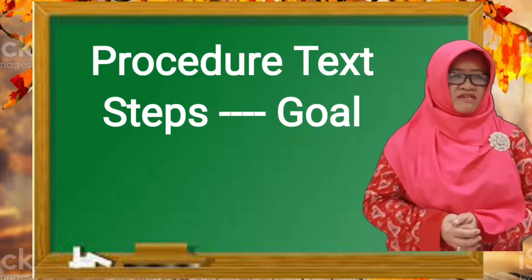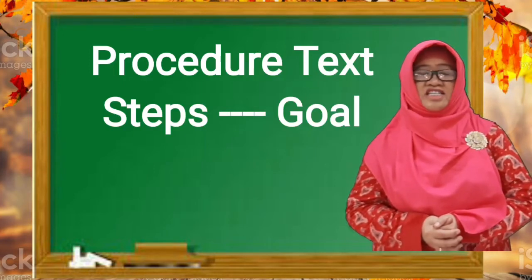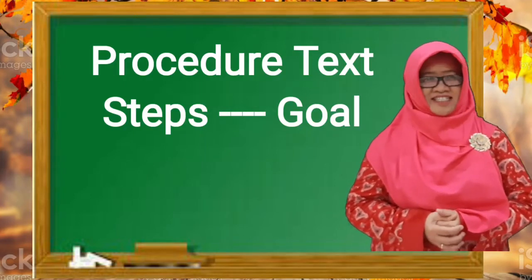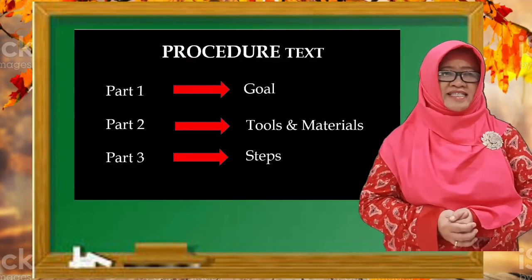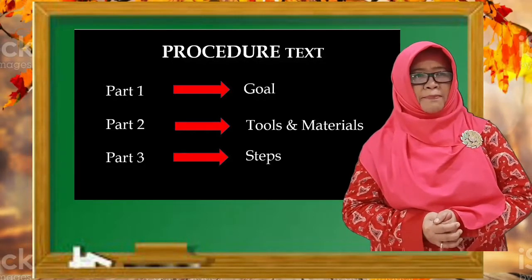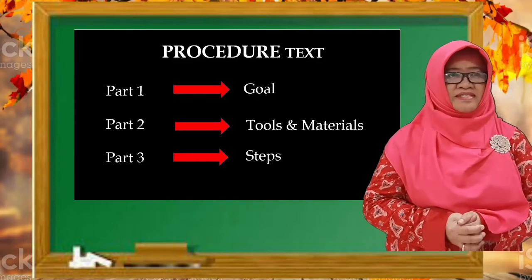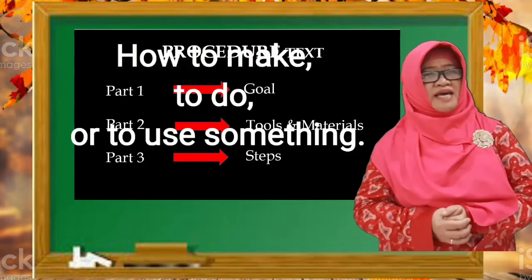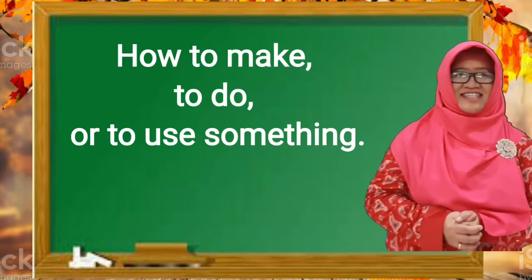So, from these three words, we can conclude the definition of a procedure text. A procedure text is a text containing goals, tools, materials, and steps about how to make, to do, or to use something.